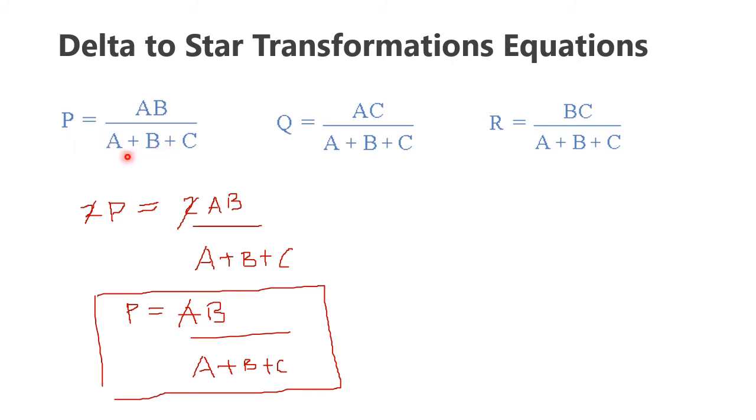Here you can see that all the denominators are A plus B plus C. Here also A plus B plus C. Here also A plus B plus C. So the denominators of all the transformation formulas are the same, which is the sum of all the delta resistances. Then to convert any delta connected network to an equivalent star network, we can summarize as the above transformation equations like this. So I will do some questions.